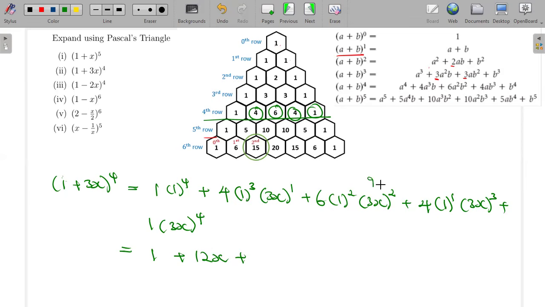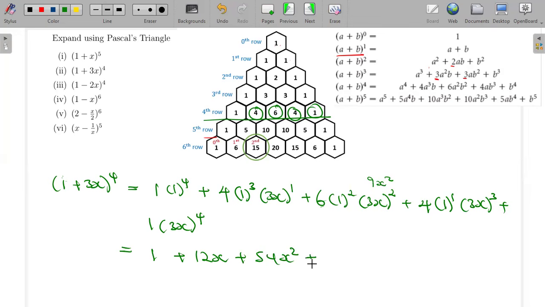So here 3 squared, you get 9, and then you have x squared there when you distribute that power. So you have 6 multiplied by 9. So 6 multiplied by 9 just gives you 54. So you get 54, and then you have x squared there.